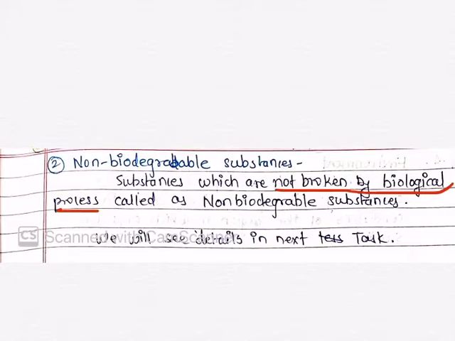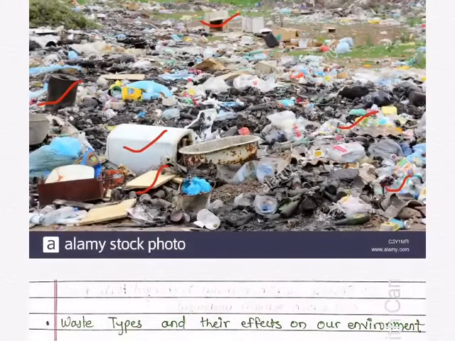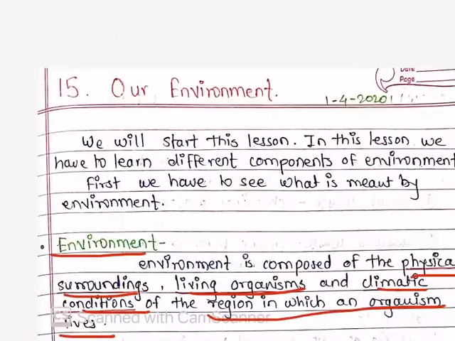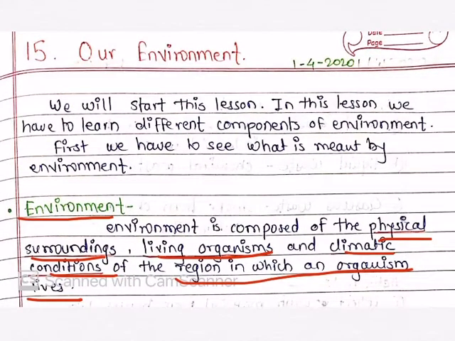Here in these points, we have already seen the definition of environment. You have to remember this definition as it is: environment is composed of physical factors, living organisms, and climatic conditions of the region in which an organism lives.